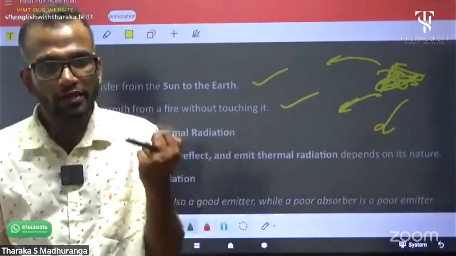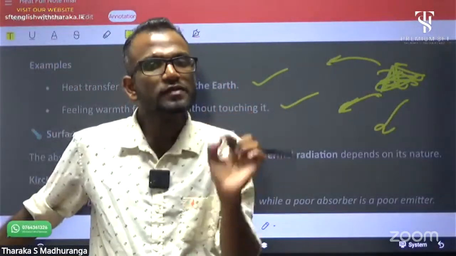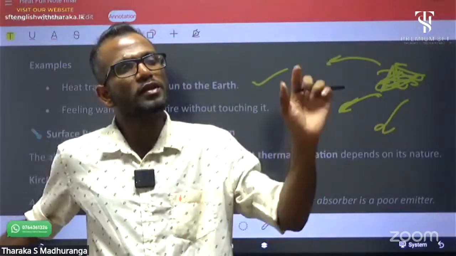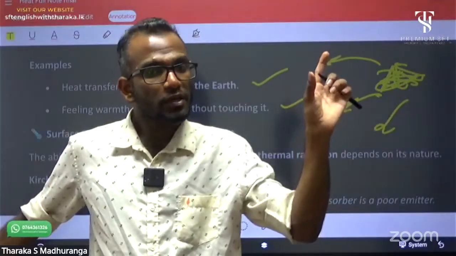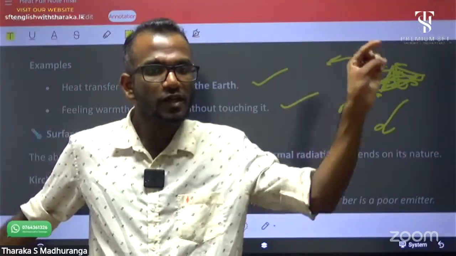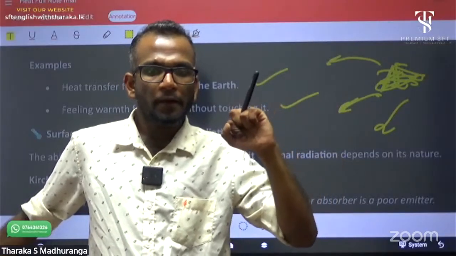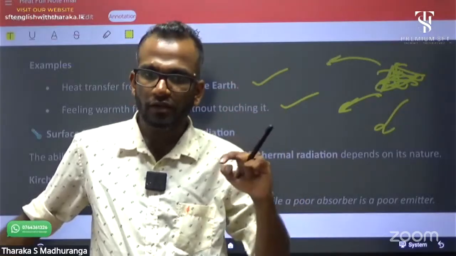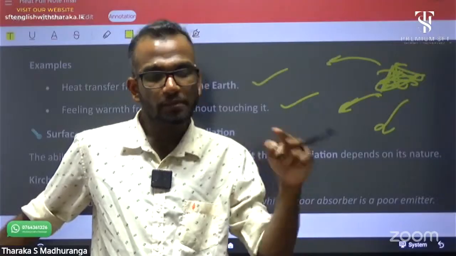Okay, the main characteristic of radiation: it should have a considerable temperature difference. Do you know the temperature of the surface of the sun? 6,000 Celsius.